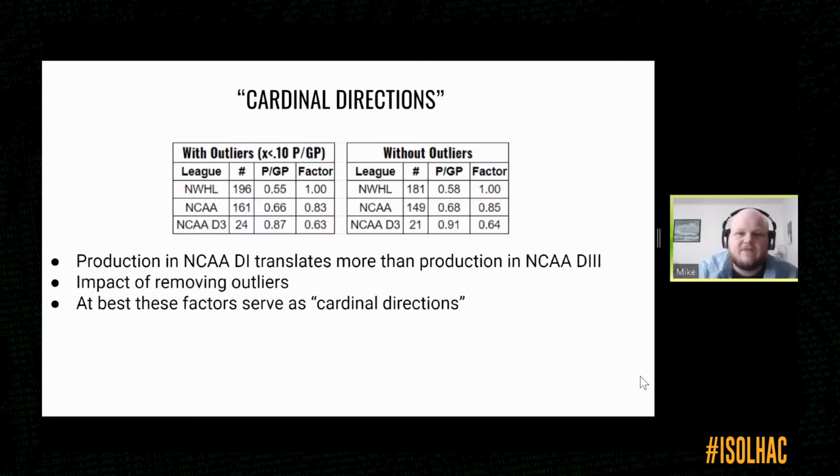That makes sense. So I was very relieved to see that. It was also really interesting to me that removing the outliers didn't have a really significant impact on what these translation factors came out to be, which is why I wanted to include both, just to provide as much of a sample size. Maybe the application of this is to have something of a range.